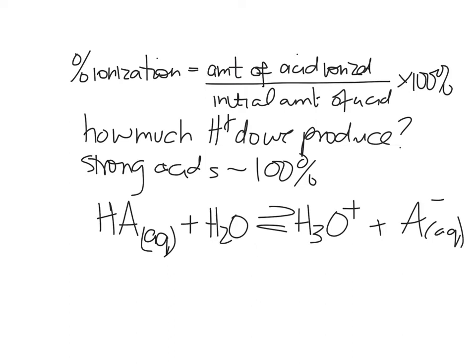If it has only 5% ionization, that means only 5% of it makes the hydrogen ions. That means 95% of it remains in the beaker as molecules of acid. So it's going to be a very weak acid.